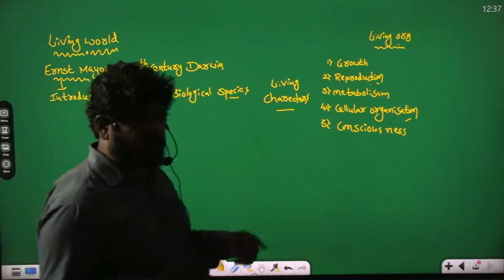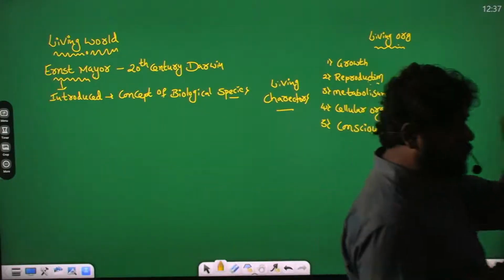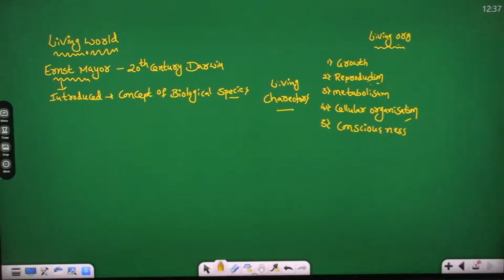For example, if you take one living organism, there are 5 living characters we know: growth, reproduction, metabolism, cellular organization and consciousness. These 5 are living characters, but among them some are not defining characters of living, and some are defining properties of living. So which ones?